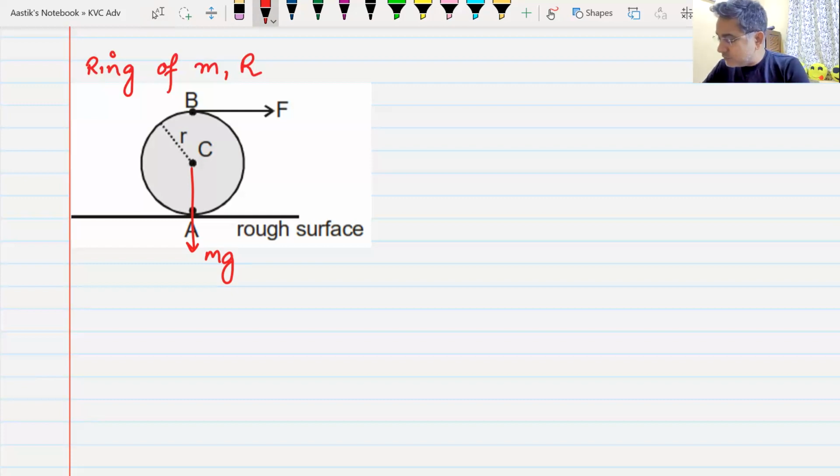Static friction is zero. There is no need for static friction here.